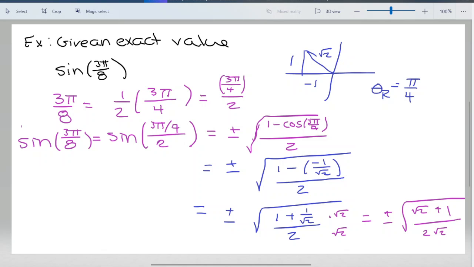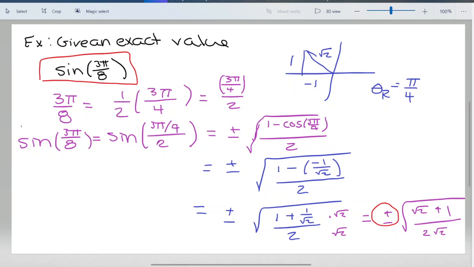The last thing that we need to do is decide about the plus or minus. So we have to think of our original question. We have sine of 3 pi over 8.